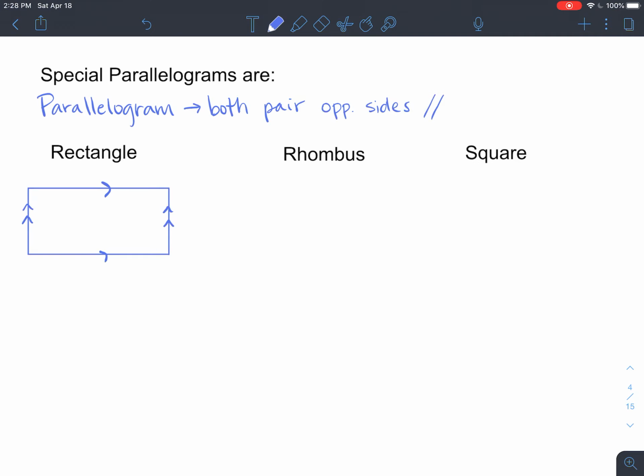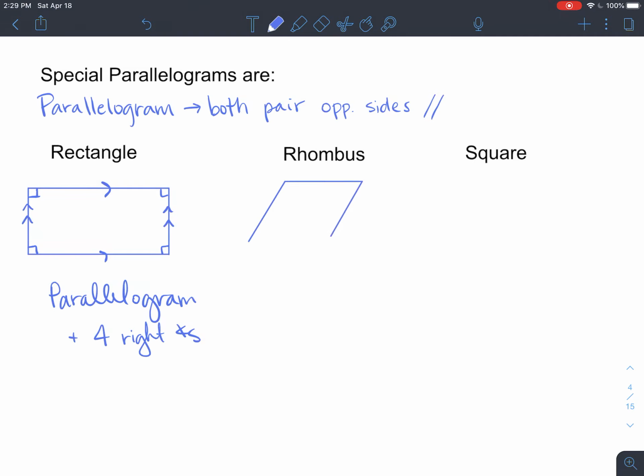And the only thing that makes it a rectangle is that I have 4 right angles. So we have a parallelogram plus 4 right angles.